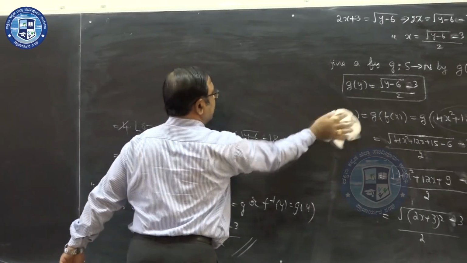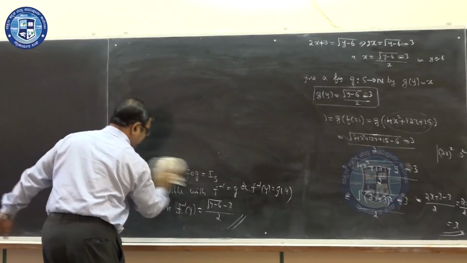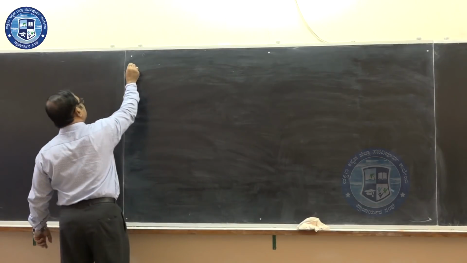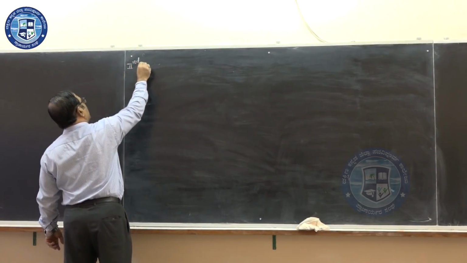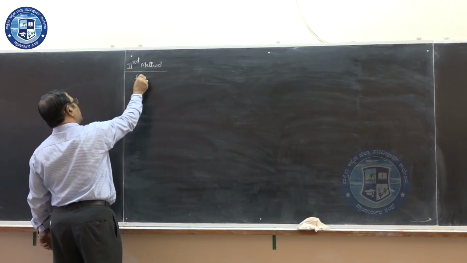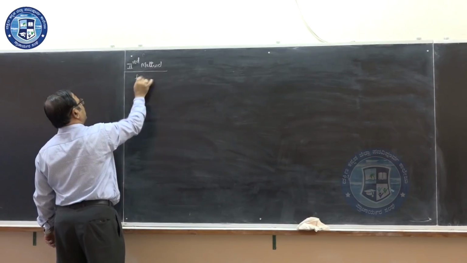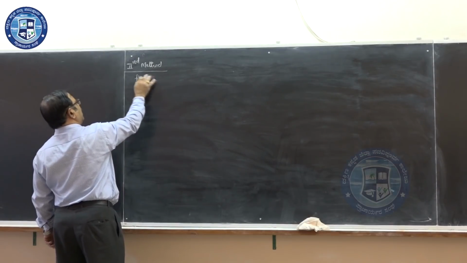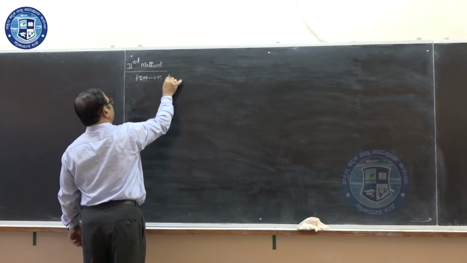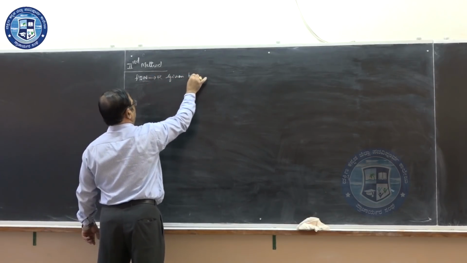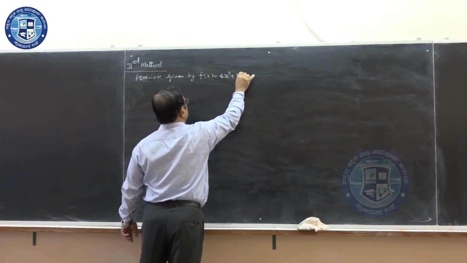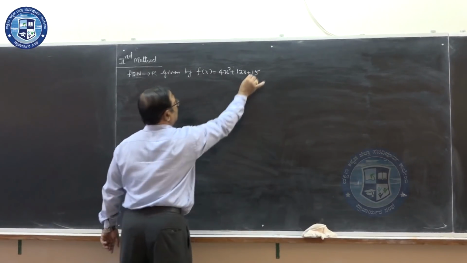I will just explain the second method. I think you will find the second method better than the first one. Here, f from N to R is given by f of x equals 4x square plus 12x plus 15.